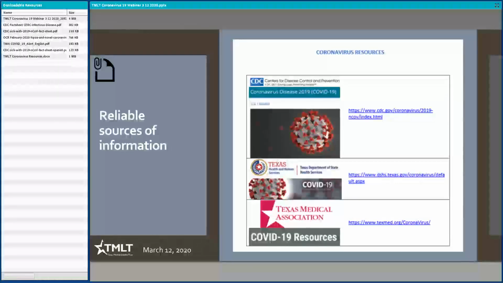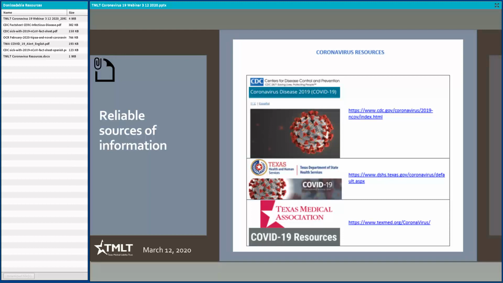The three main websites that I would refer you to are the CDC, Center for Disease Control and Prevention website, the Texas Department of State Health Services, and the Texas Medical Association.